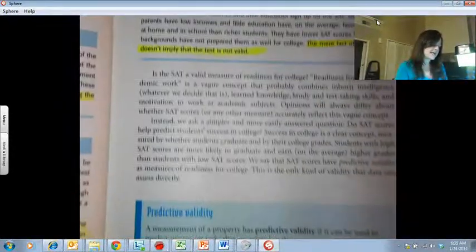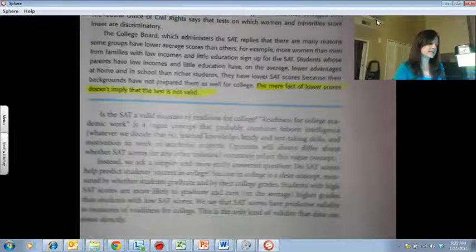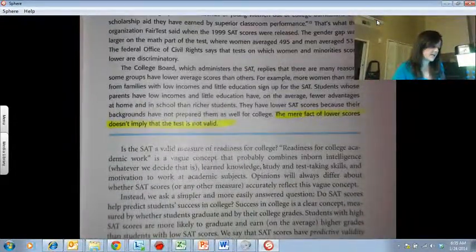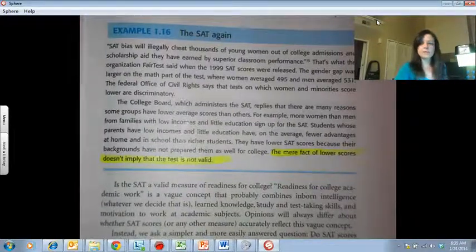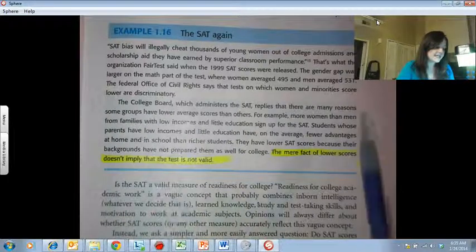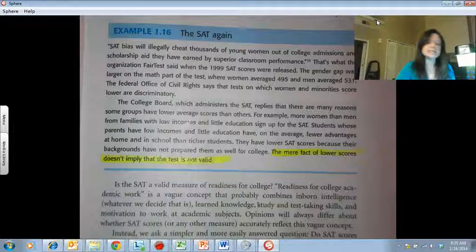1.16, the SAT again. This talks about how women do more poorly on the SAT exam, and is there a problem with the actual exam? And what they decided in the study that they did was it's not, because more women from poorer backgrounds apply to college.